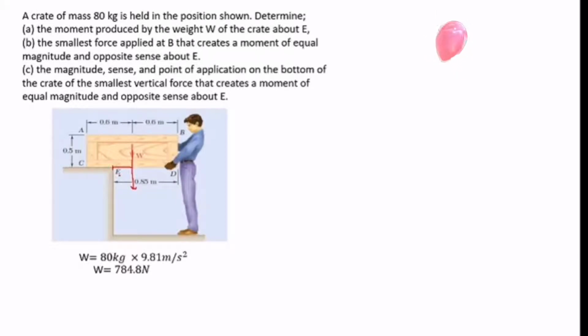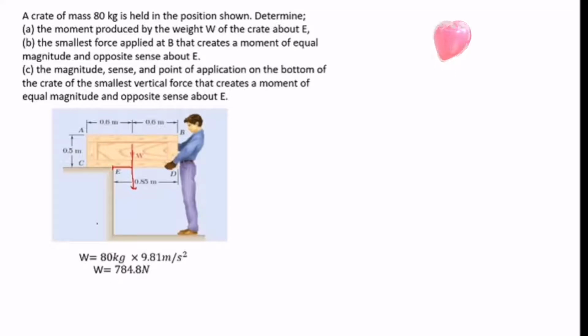That distance was not given to us, but we know that from E to D it was 0.85 meters, and they gave you from A to the weight W, which is 0.6 meters. So to get this distance, we are going to subtract 0.6 meters from 0.85 meters, which will give you 0.25 meters.